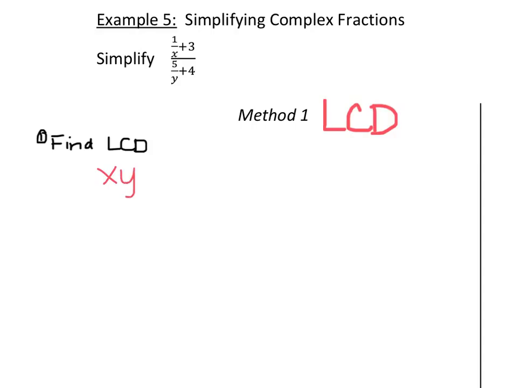So our least common denominator is xy. Now, step two is multiply top and bottom by your least common denominator, LCD.